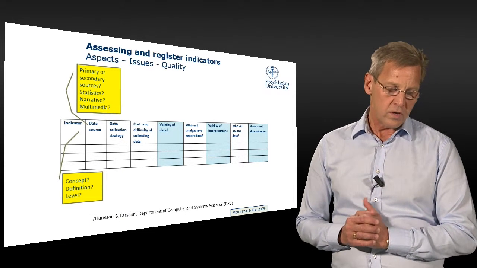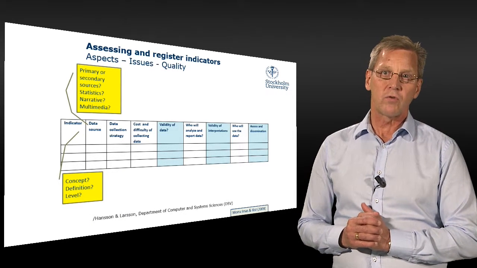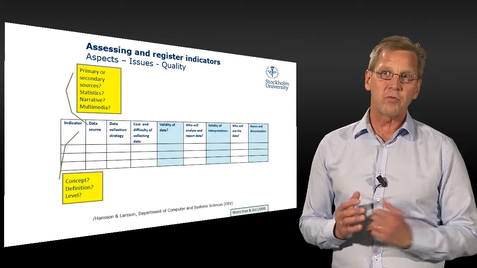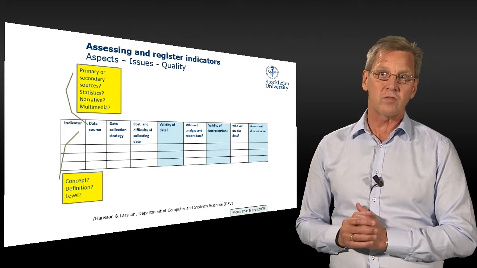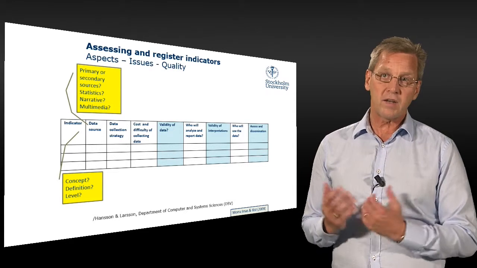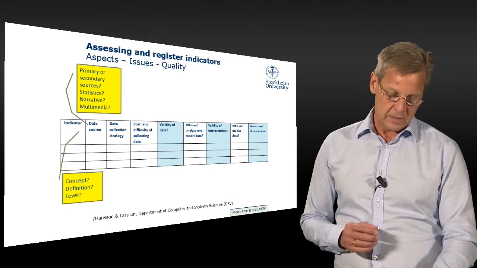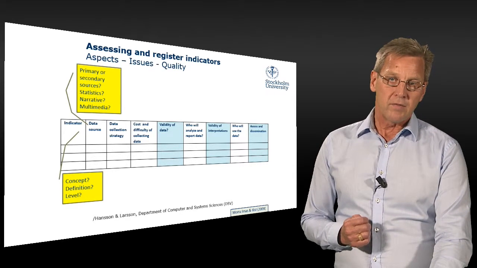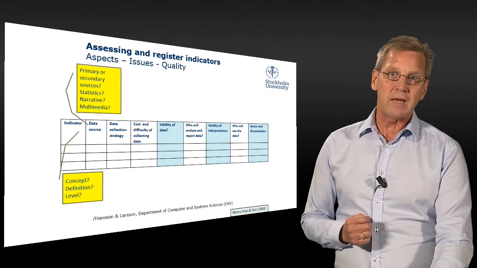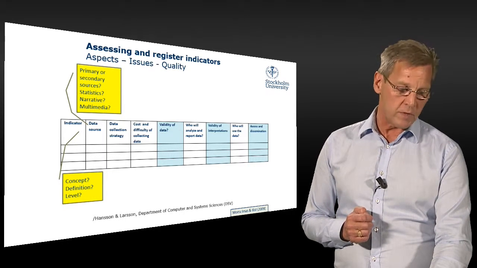Secondly, what are the data sources from which the data for the indicators can be derived? Is it primary sources from the organizations themselves or secondary or statistical sources? Those are important things to keep in mind in understanding the type of value or data that you can get from an indicator.